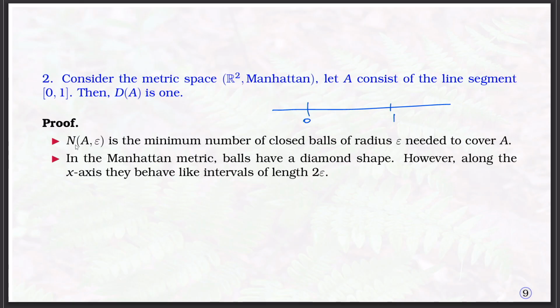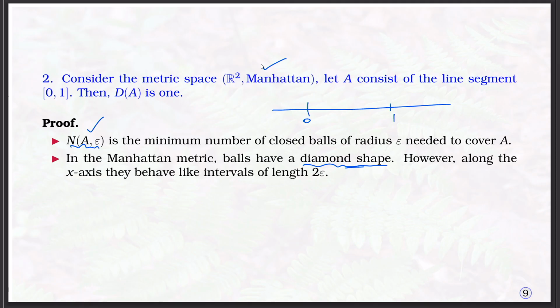Then the number of boxes required to cover A, this N of A comma epsilon, denotes the minimum number of closed boxes of radius epsilon needed to cover A. We are taking not the Euclidean metric but the Manhattan metric. In the Manhattan metric, balls have diamond shapes. However, along the x axis, they behave like an interval of length 2 epsilon.